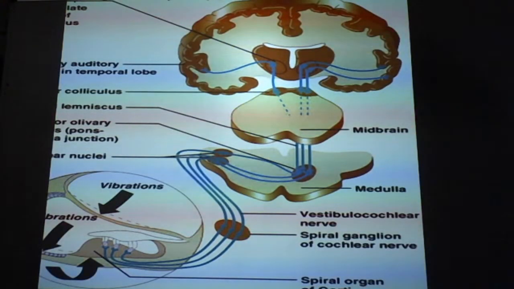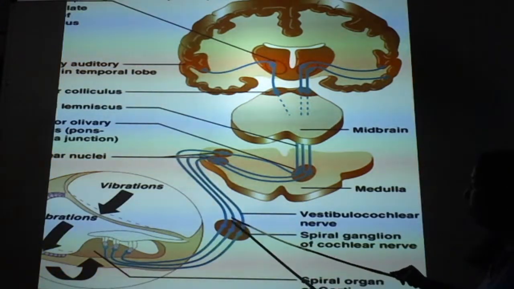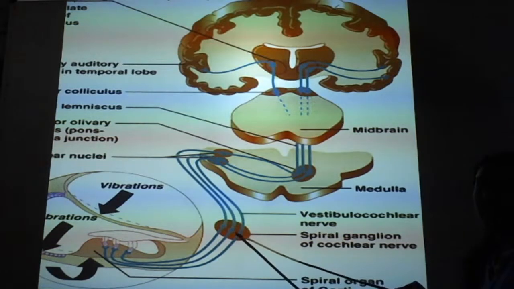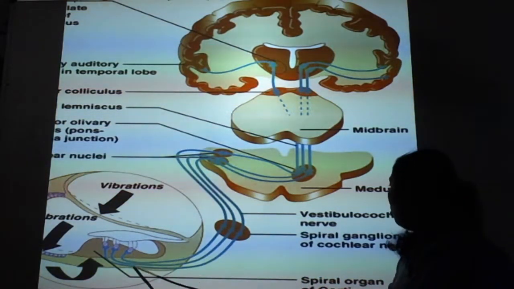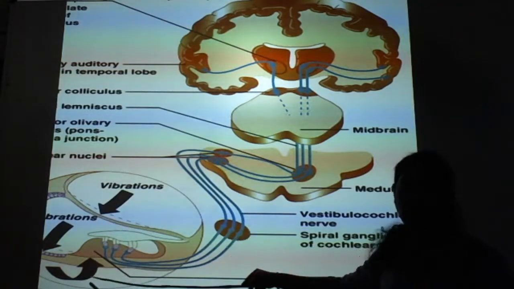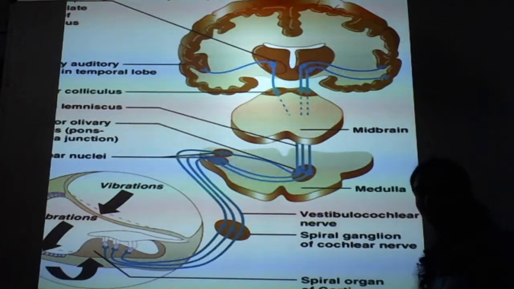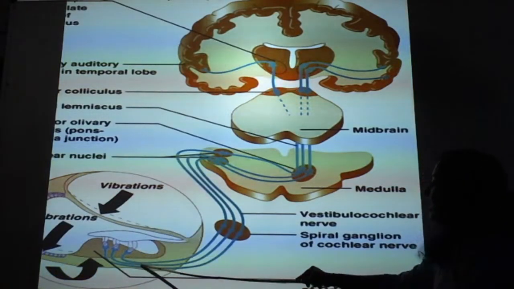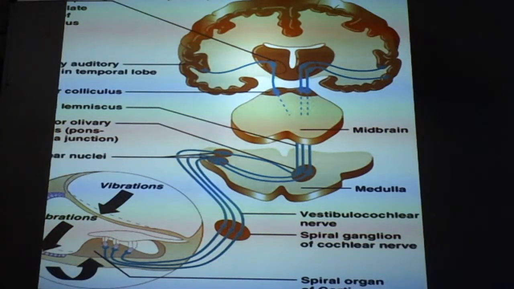The nerve fibers from the organ of Corti carry the impulses generated by the vibrations, and they end in the spiral ganglia of the cochlear nerve.